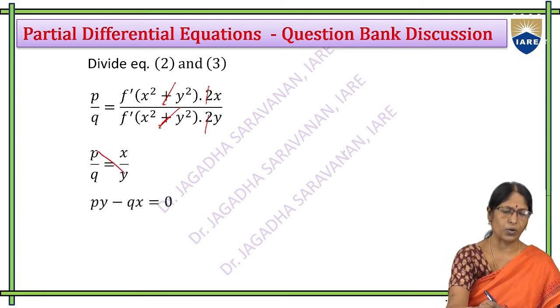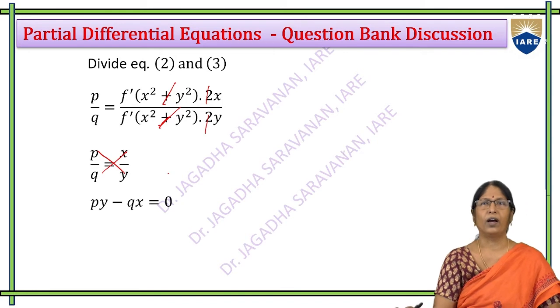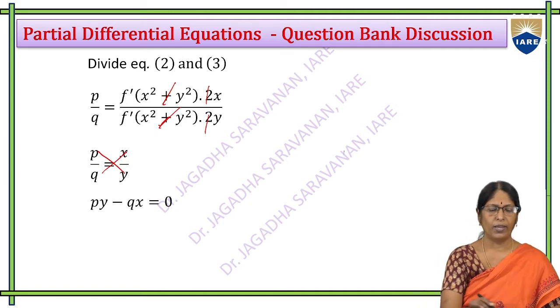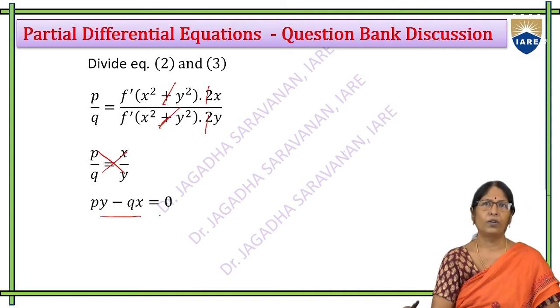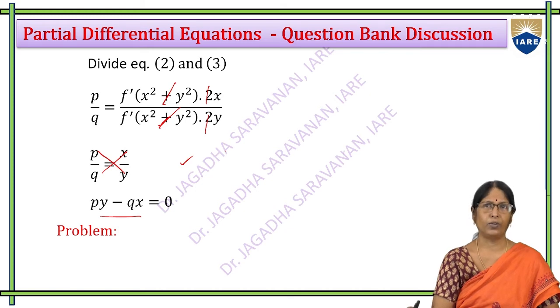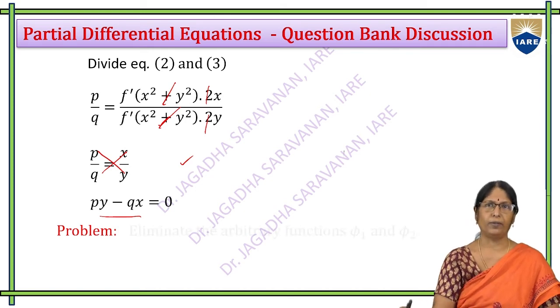Doing the cross multiplication and bringing it to the left side, we obtained py minus qx equal to 0. Here the function f in our equation is completely removed. So this is the equation which is in our question bank that we discussed in detail.